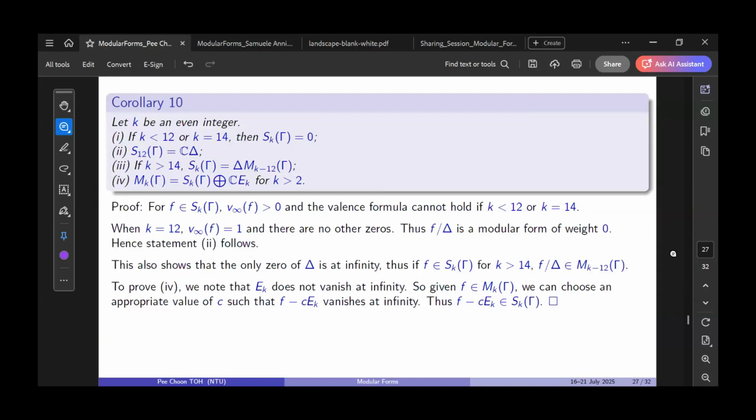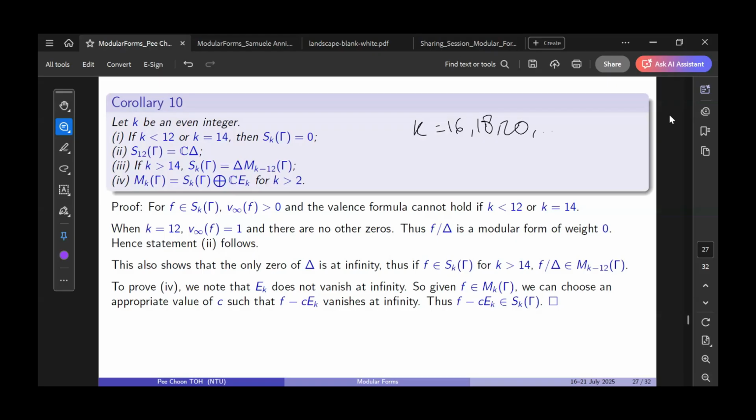Okay, and then for weight k, if k is more than 14, as I have mentioned before, what about when k is 16, 18, 20 or something?